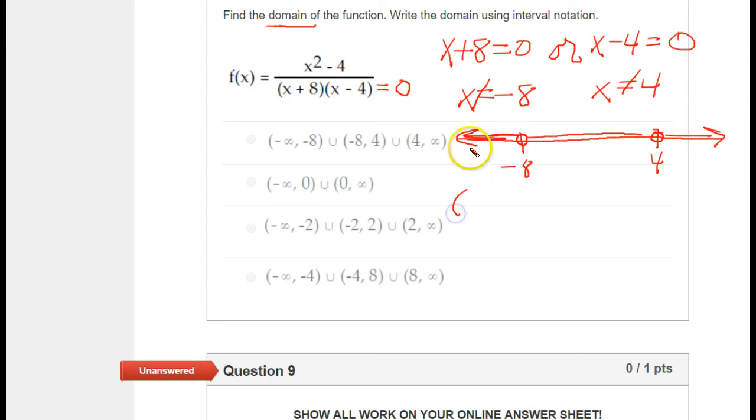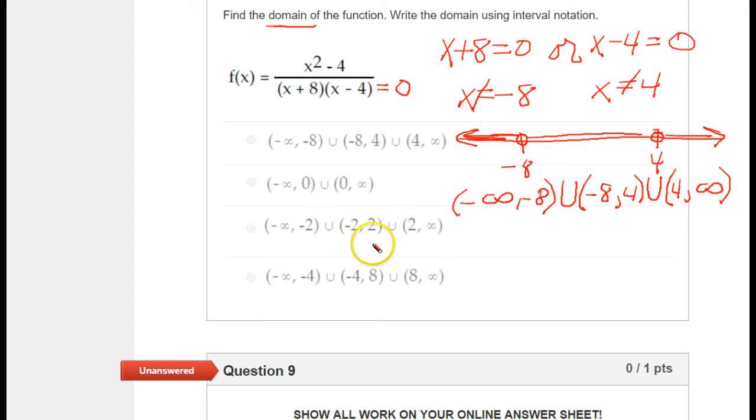Well, it's coming from -infinity here, going up to -8, but -8 is not included, so we put a parenthesis. We then put a union symbol saying it's starting from -8, but again, -8 is not included, up to 4. 4 is not included, and a union symbol again. Now the other side of 4 up to infinity, and that's our interval notation.